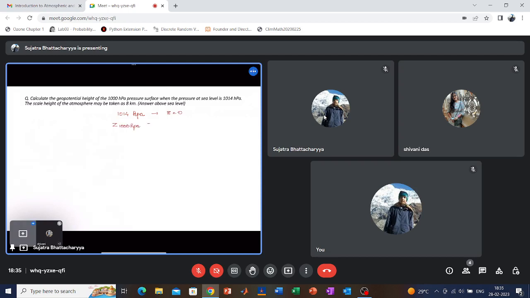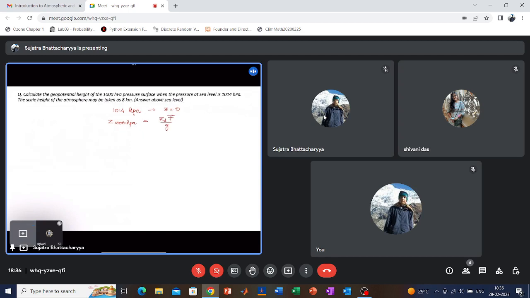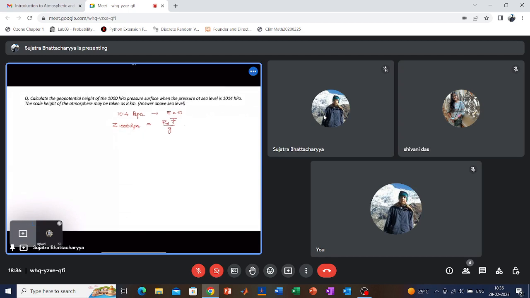Okay, so the geopotential height at 1000 hectopascals, again by simple hypsometric equation, you can always find out. So this will be RD, T bar is not given. So what I do is, let me write it. This is nothing but the scale height, right? So we can easily do it. The log of 1014, the reference will be at the top, 1000 will be at the bottom.